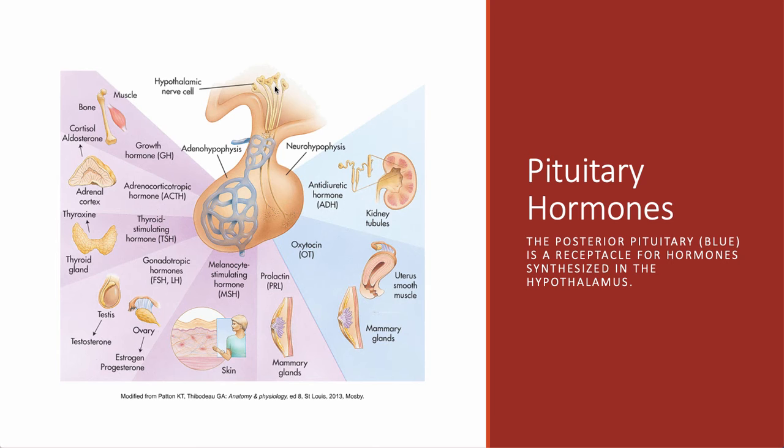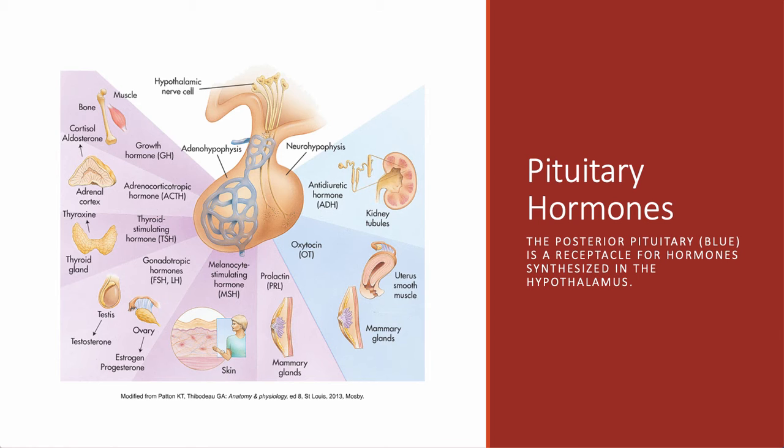And essentially what happens in the posterior pituitary is these neurons secrete a hormone that gets stored in the posterior pituitary. That's exactly how that works. The posterior pituitary does not produce the hormones, it just stores them.